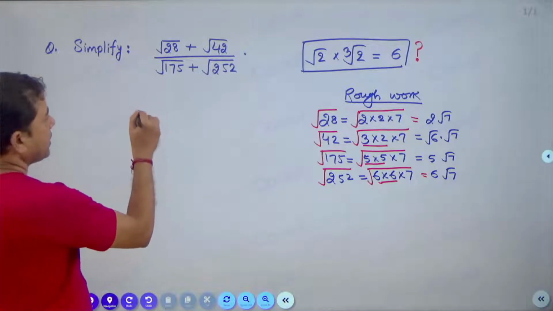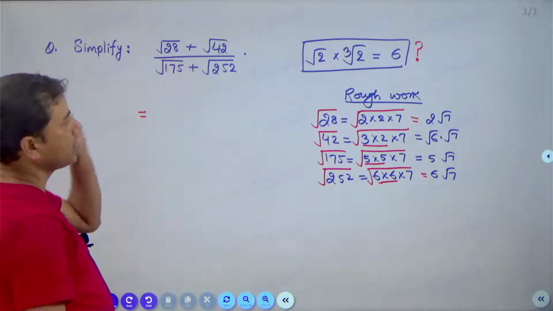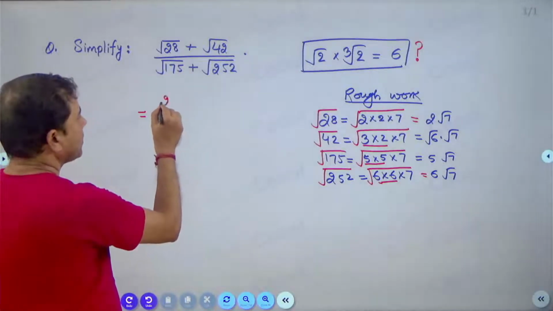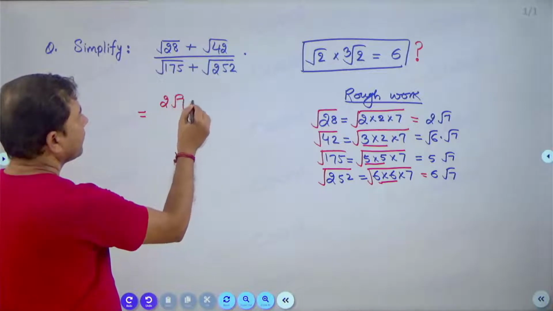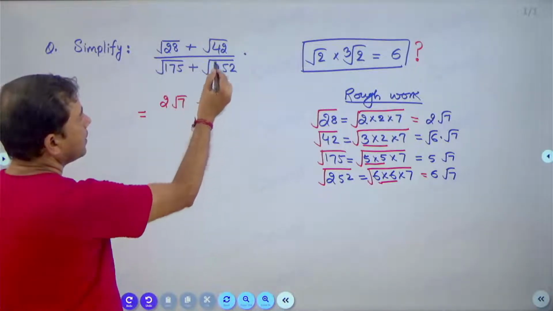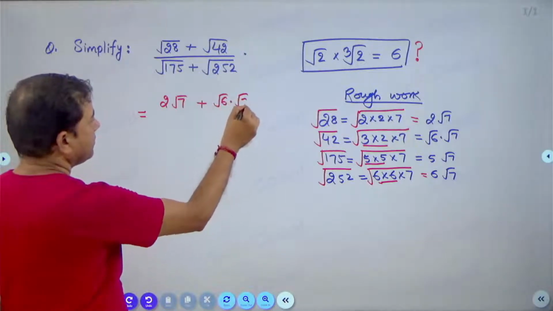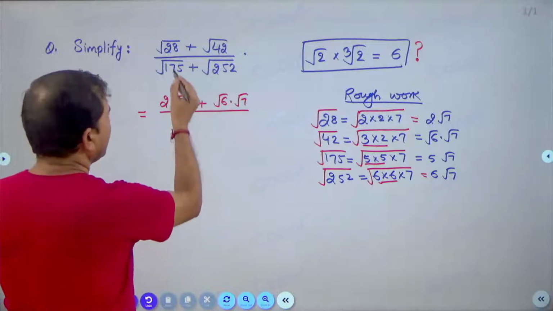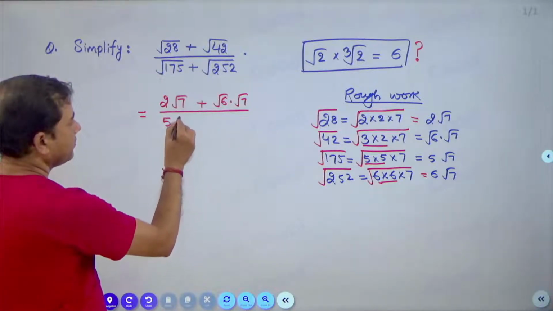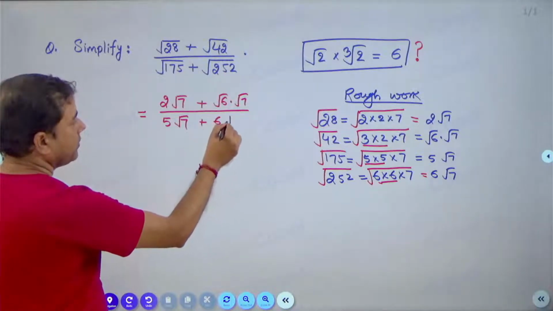So the next step, I am not writing the first step, the question itself is the first step. Root 28 means 2 root 7, plus root 42 is root 6 into root 7. In the denominator, root 175 means 5 root 7, and root 252 means 6 root 7.